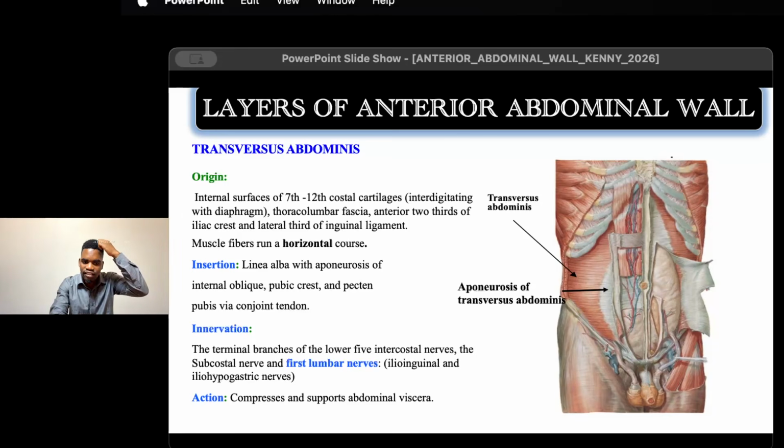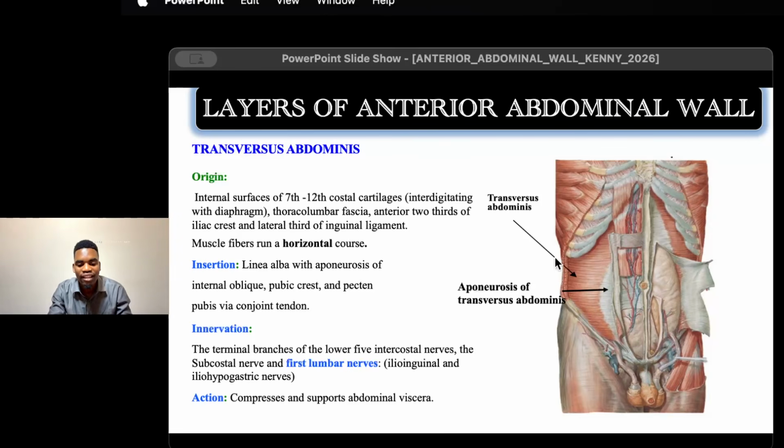We say it is starting from the thoracolumbar fascia posteriorly, the anterior two-thirds of the iliac crest, and the lateral third of the inguinal canal here. But on top of this, it also originates from the internal surface of the lower costal cartilages, from costal cartilage number 7 to number 12.